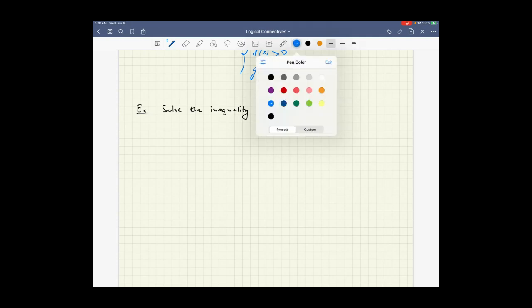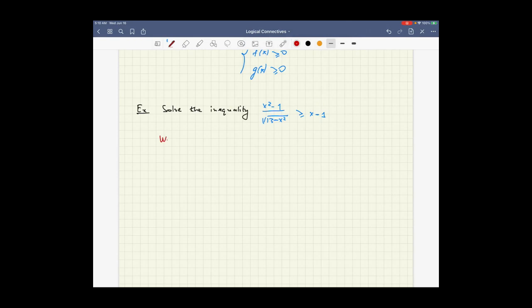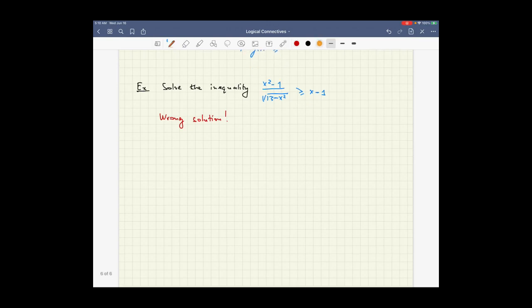I will first show you a bogus solution that unfortunately many students would submit. It's a very, very common mistake. Well, the solution goes like this.